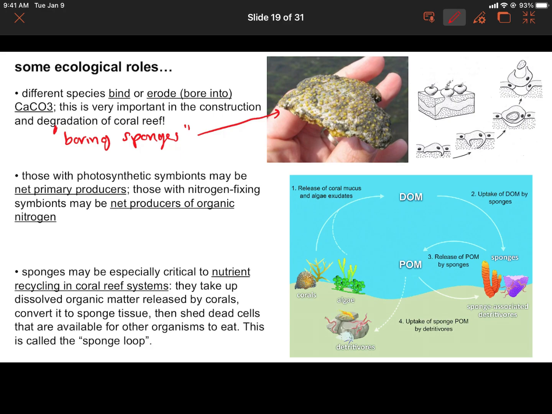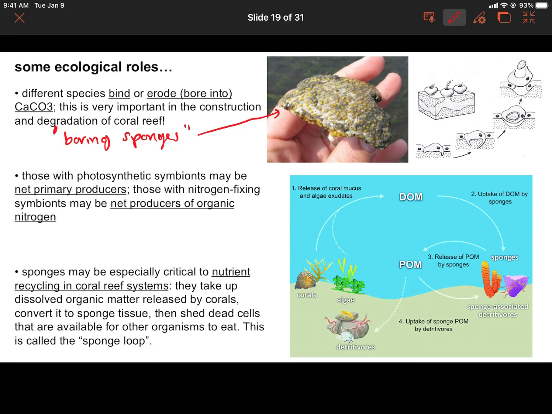And I just want to point out one other thing that has to do with coral reef systems. This is a hypothesis that people came up with just a few years ago called the sponge loop. It relies on a recognition of the importance of sponges in retaining dissolved organic material, nutrients in particular, in coral reef systems.